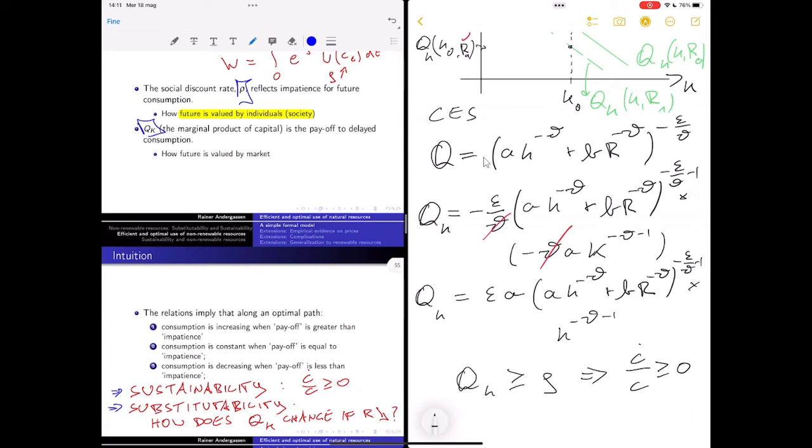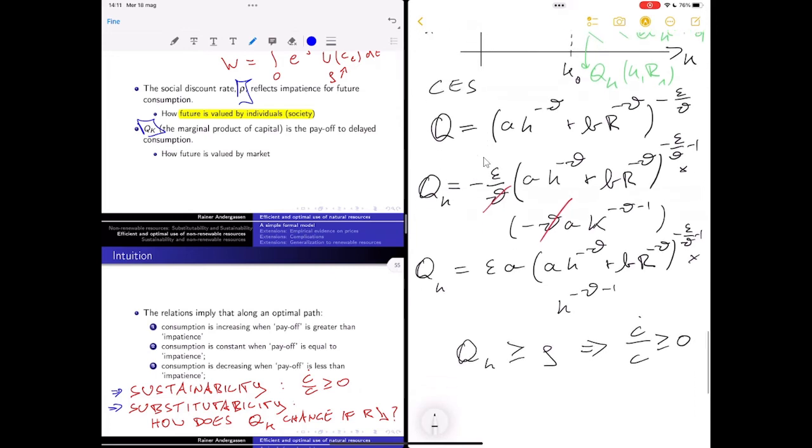Now here you see sustainability. We have seen a result in a previous lecture that stated that sustainability is feasible if theta is negative.